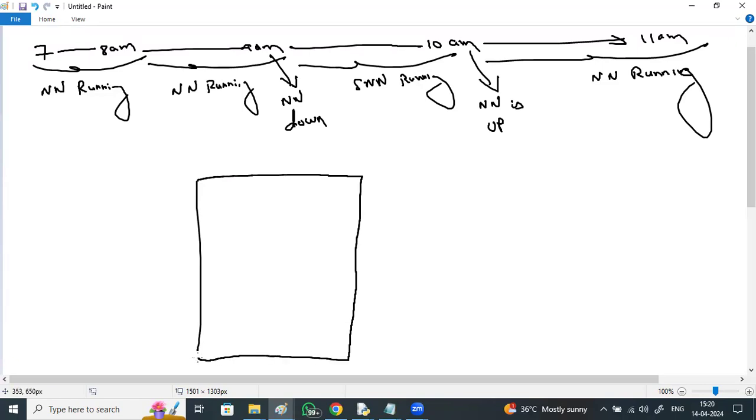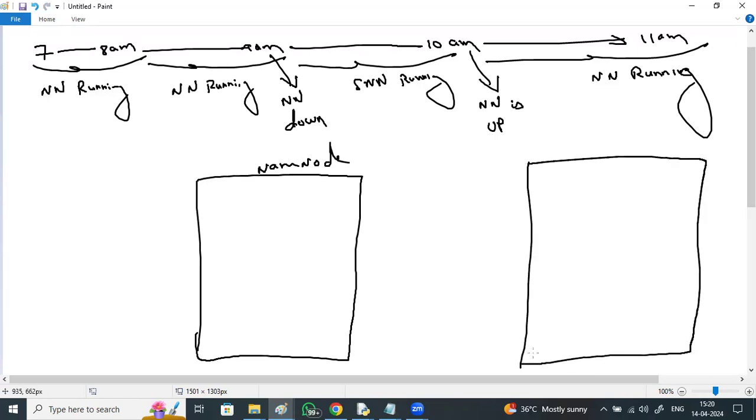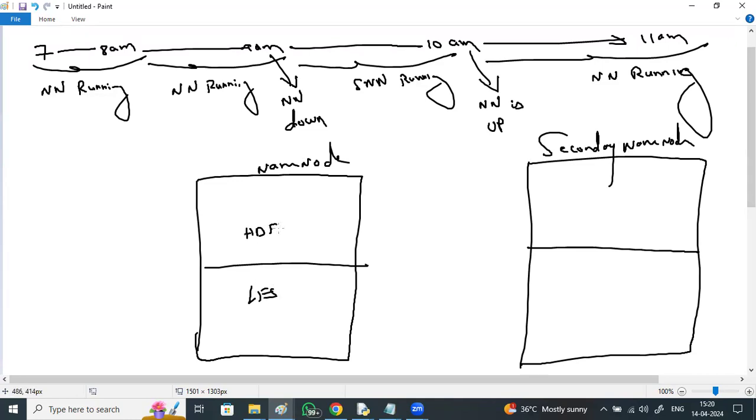This is the name node, and this is the secondary name node. Both have a local file system and a Hadoop distributed file system.